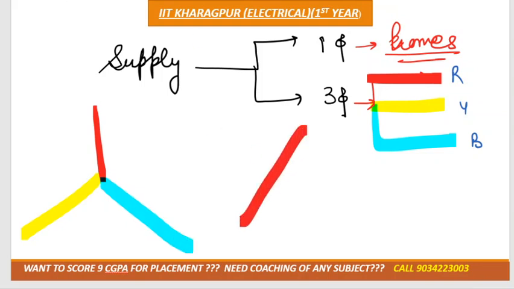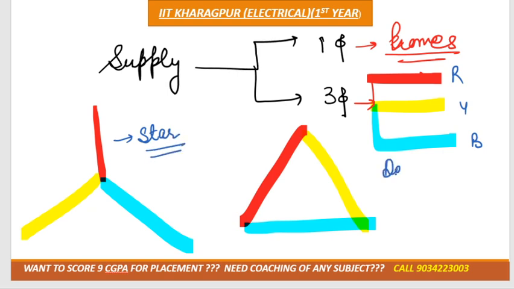Or we can connect the wires red, yellow, and so on. Now tell me, is there another way of connecting? This is star connection and this is delta connection. Clear?